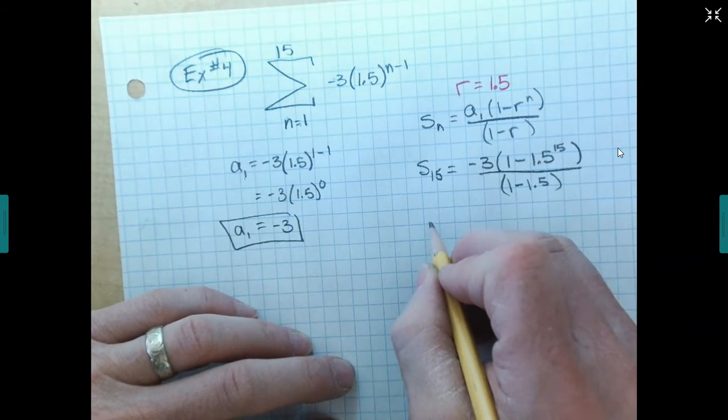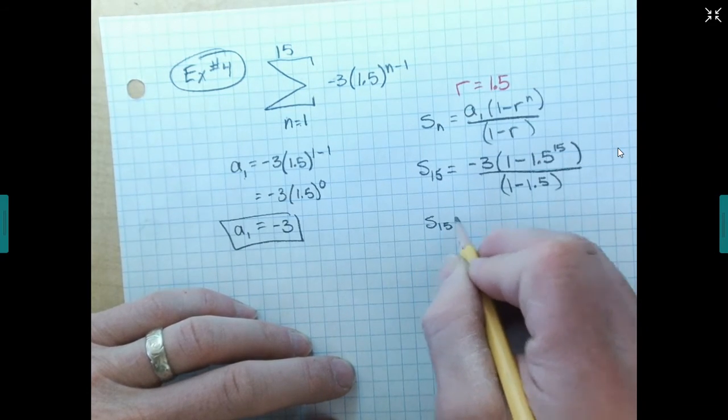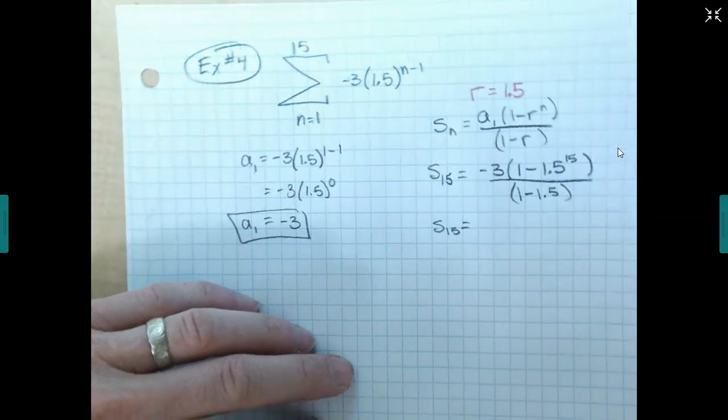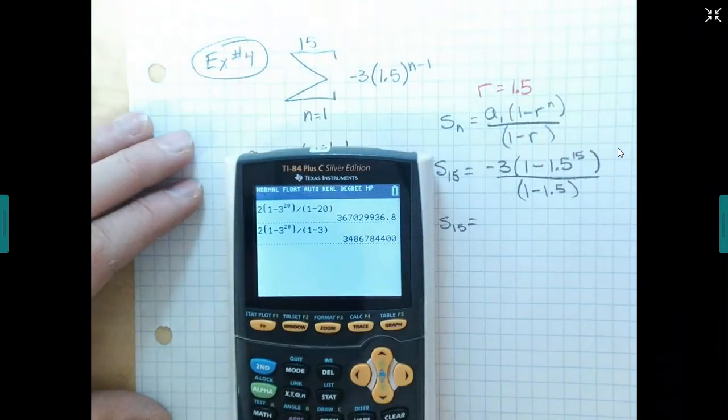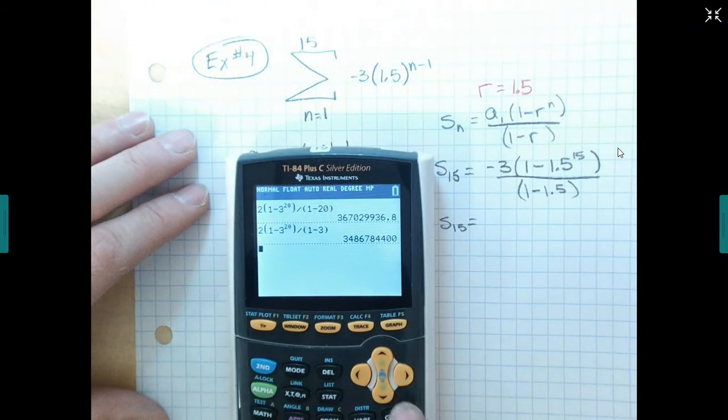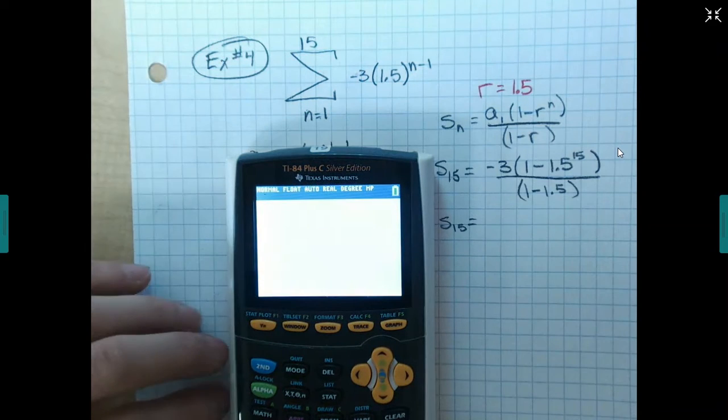So I am just going to plug that into the calculator. So we have negative 3 times 1 minus 1.5 to the 15th, and all of that divided by 1 minus 1.5.